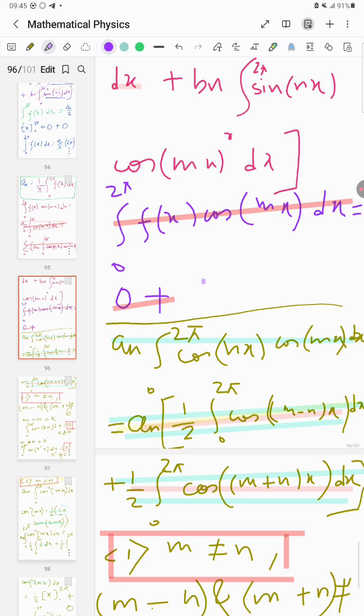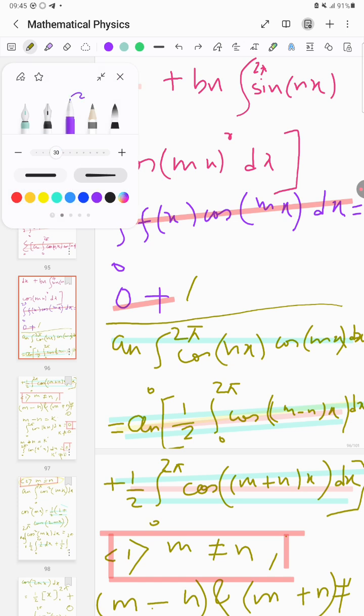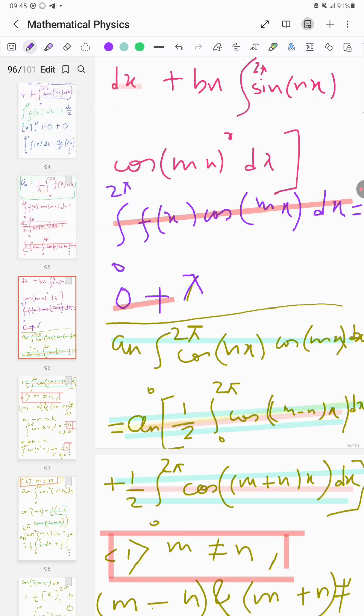So we'll add pi delta mn multiplied with an, because we had an, right? And a summation sign, summation over n. Plus, similarly, let us look into the second integration now. Well, let us move to the next video because it's getting too long.